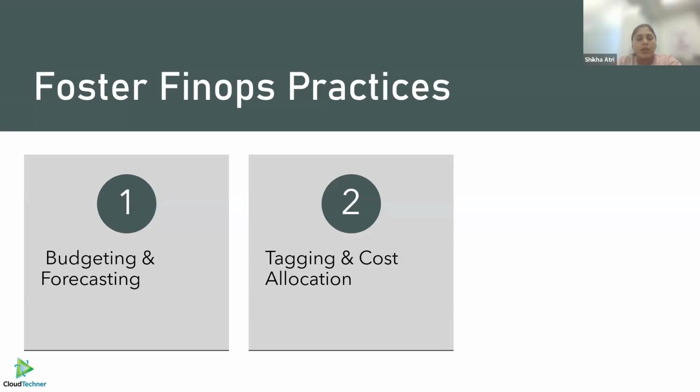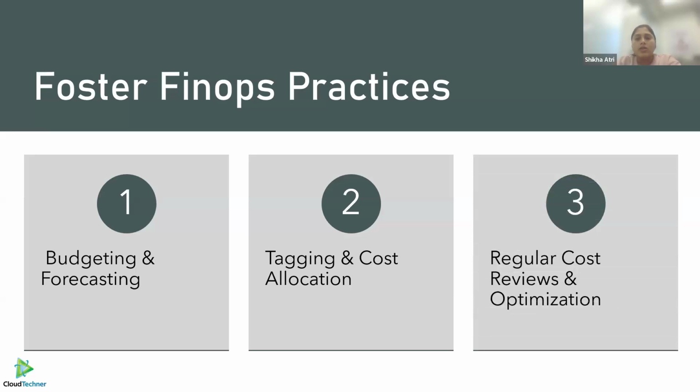Imagine running multiple projects but not knowing which one is consuming the most cloud budget. With proper resource tagging, companies can allocate costs correctly and ensure that every department or team is accountable for their usage.